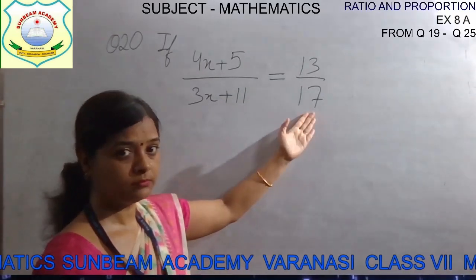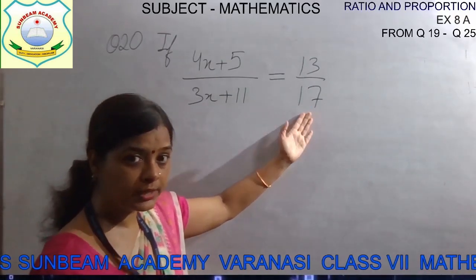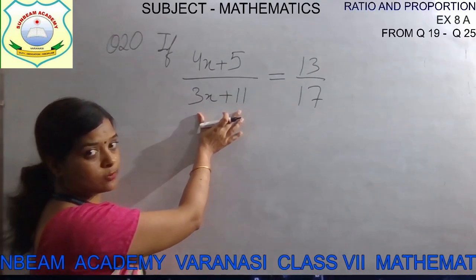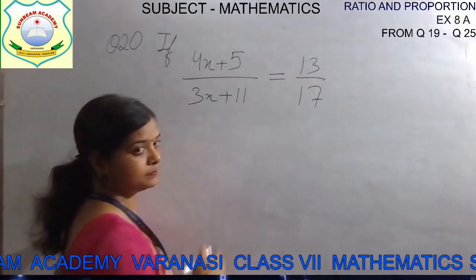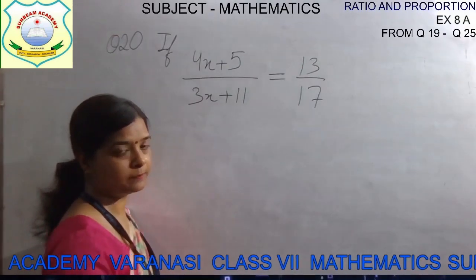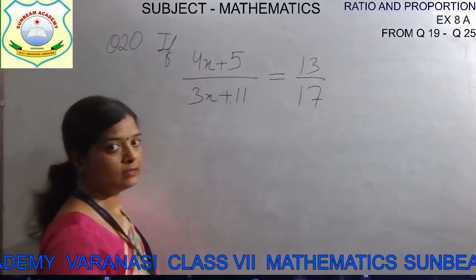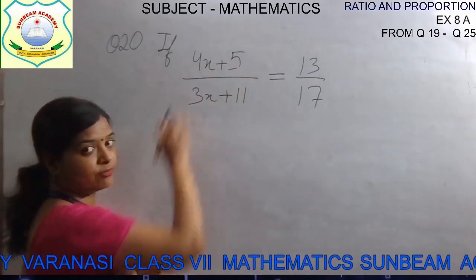So what we will do, we will transpose the denominator to the other side. If this denominator is transposed to the RHS, it will go to the numerator and multiply with that number. 17 will also transpose to the numerator on the LHS and multiply with 4x plus 5.